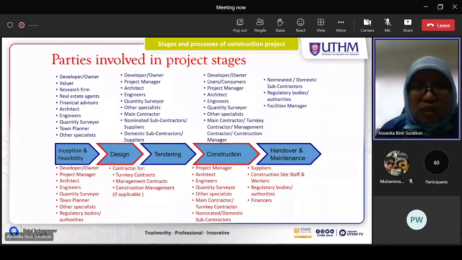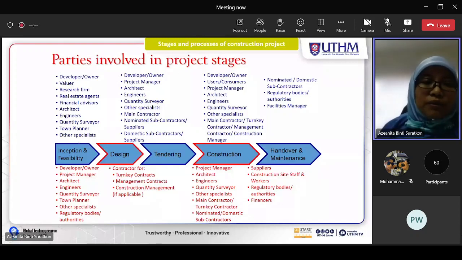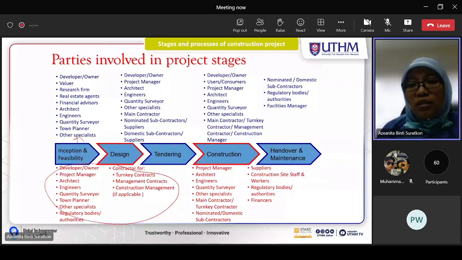Right, parties involved in the project stage. So this is again within every phase of the project. Okay, so these are the parties involved. For design, these are the people here. This is for the tendering stage. Okay, this is for the construction stage.